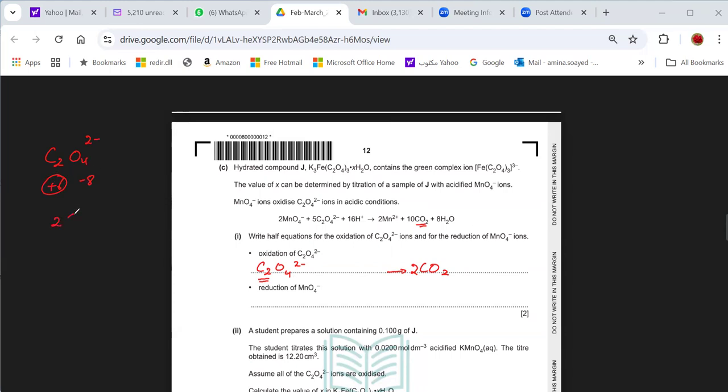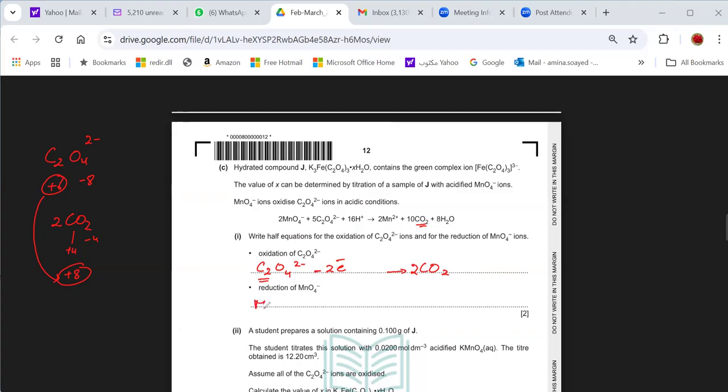For 2 carbon dioxide, each carbon will be +4, which means both will be +8. And so the +6 changes to +8. This means it will lose 2 electrons to form the carbon dioxide. And no other balancing is needed because we have 2 carbons and 4 oxygens on both sides.